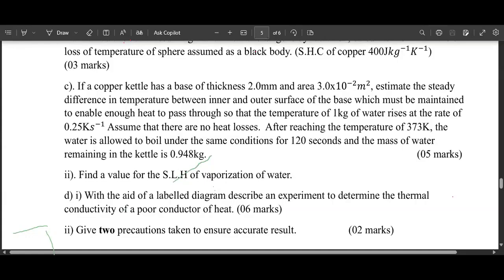So part C, we have a copper kettle and it has a base of thickness 2.0 millimeters and an area of 3.0 times 10 power negative 2 meters squared.